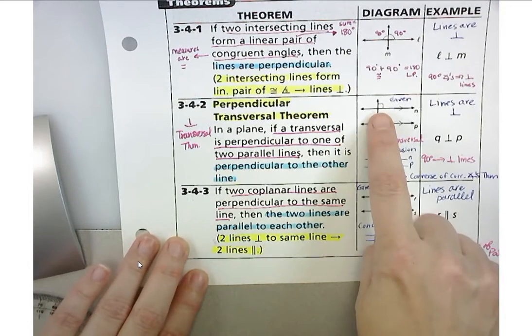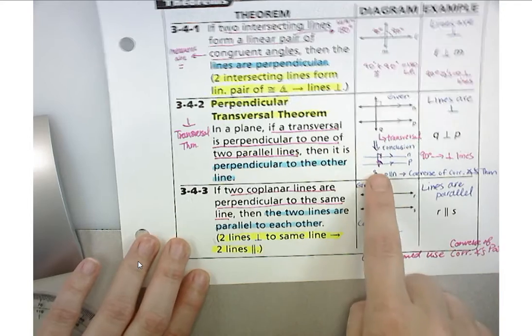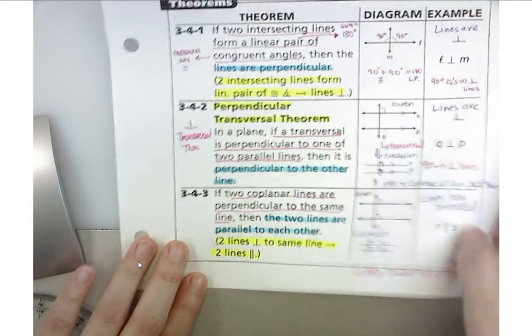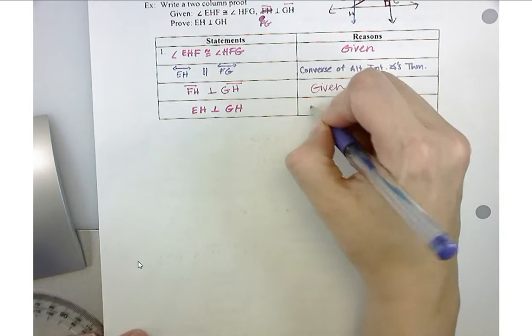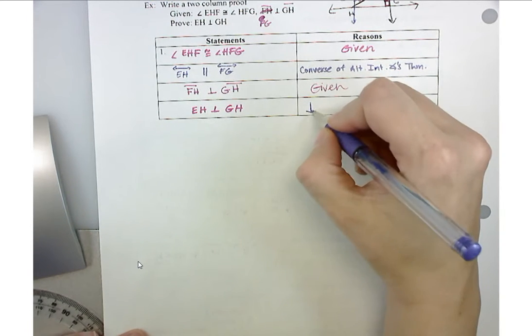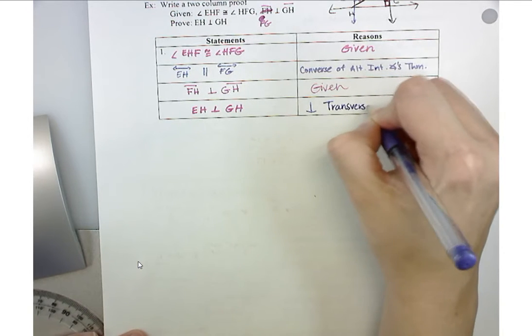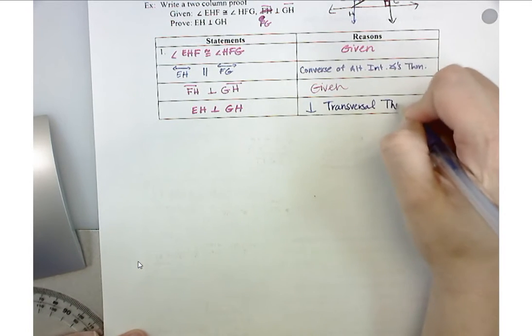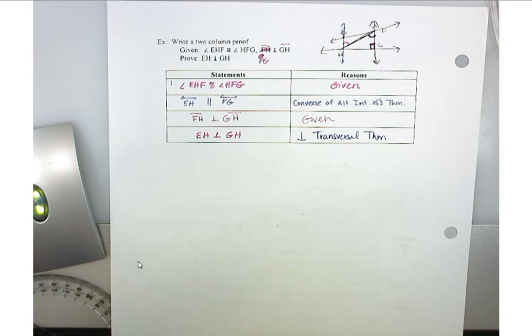So if you have parallel lines and one of them is perpendicular, then the other one has to be perpendicular too. So that's your perpendicular transversal theorem. You can write it out, or you can write the symbol. All right, and then we'll just keep practicing those so we can get better.